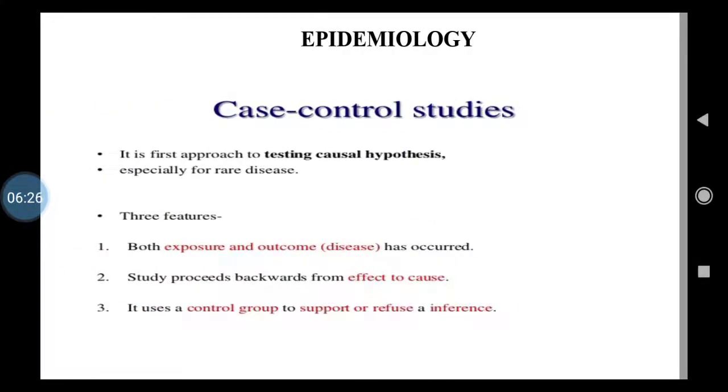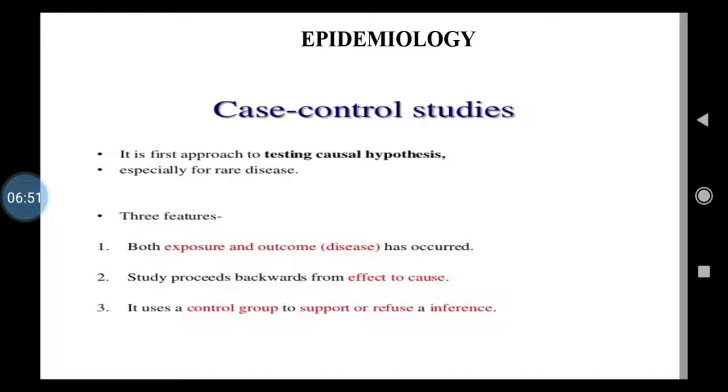Then case control studies are basically comparison studies. It is the first approach to testing causal hypothesis. So tests also are carried out, and there are three features of these case control studies.